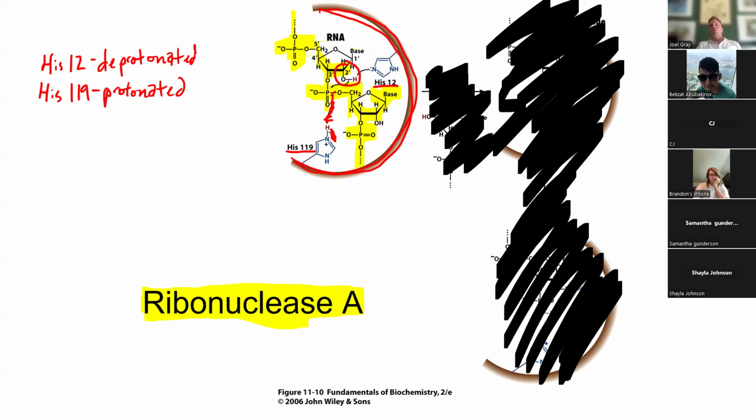So is histidine 12 acting as a base by accepting a proton, or is it acting as an acid and donating a proton? Our His 12, as a deprotonated residue, is picking up that proton.